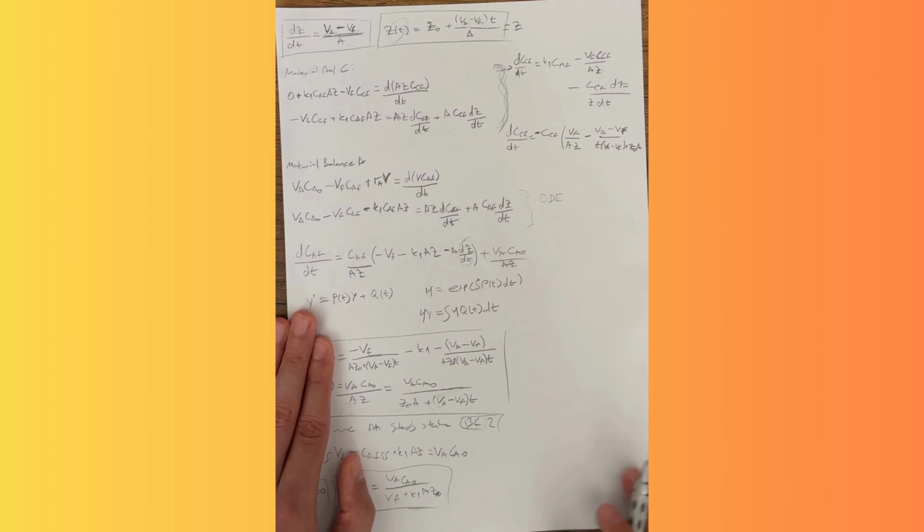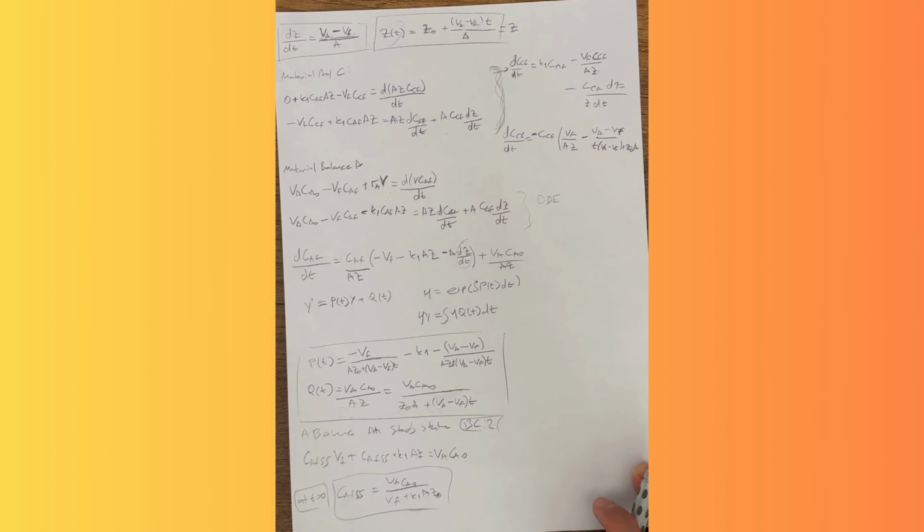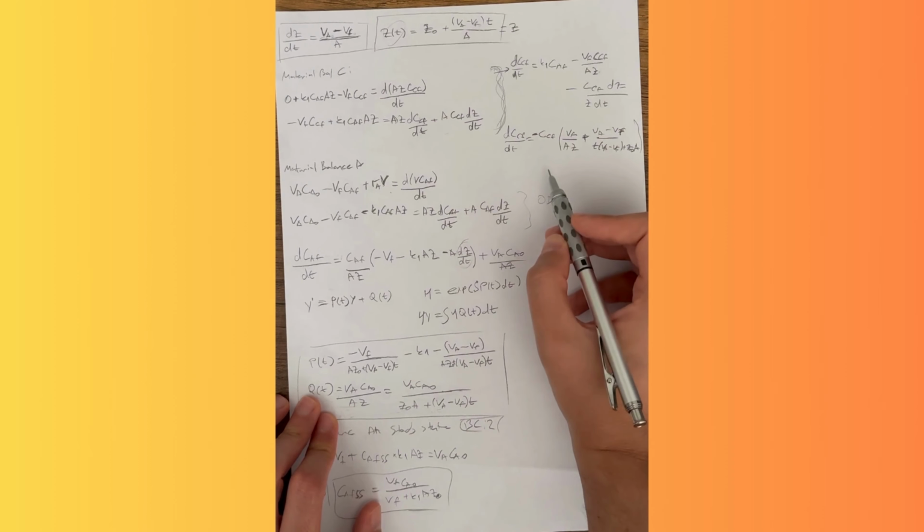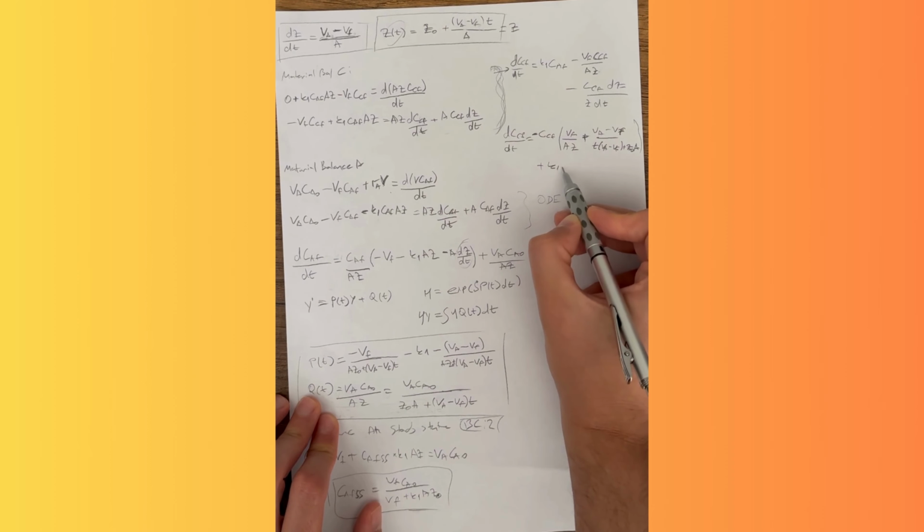It comes from there. I made a mistake. Actually, it's supposed to be plus, because there is a minus in there, and plus K1 CAF.